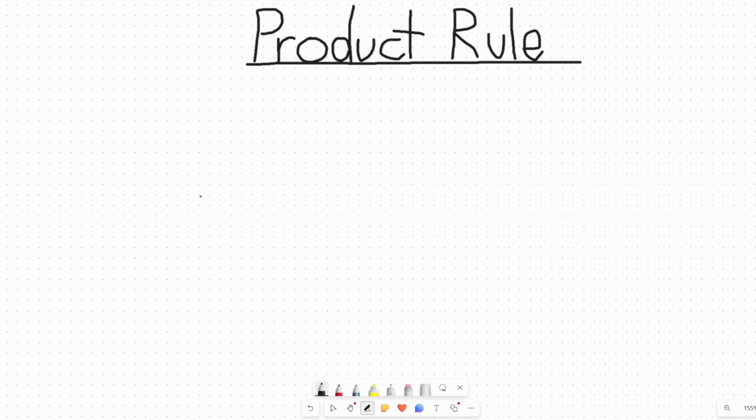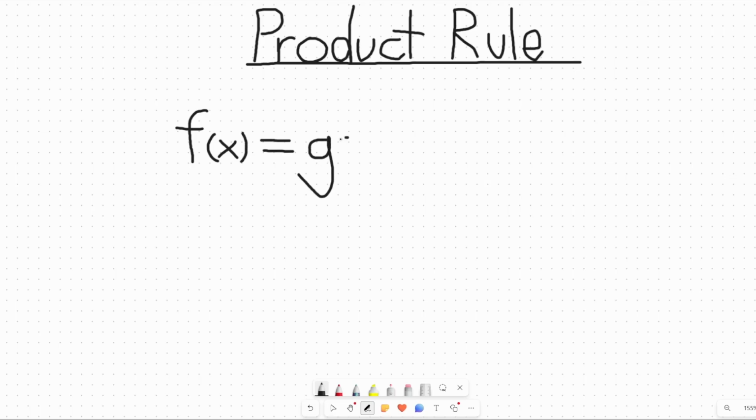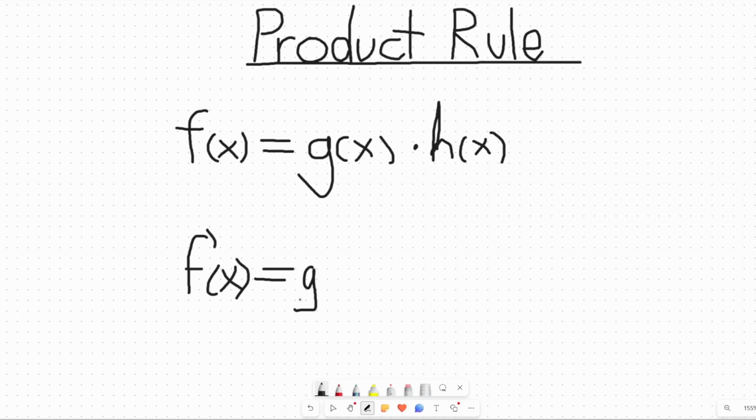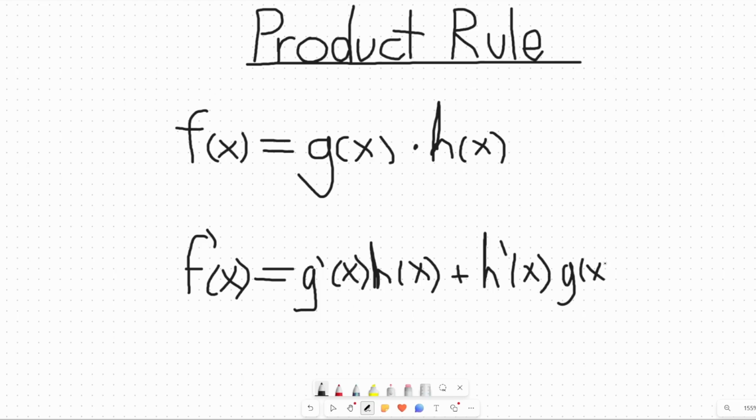So the product rule states that for any function, we'll say f(x) is equal to g(x) times h(x), then f prime of x is equal to g prime of x times h of x plus h prime of x times g of x.